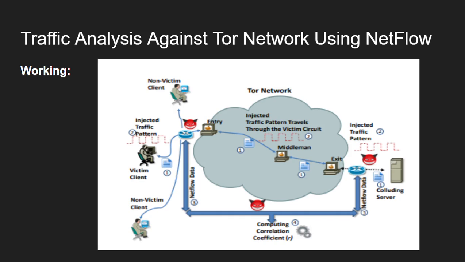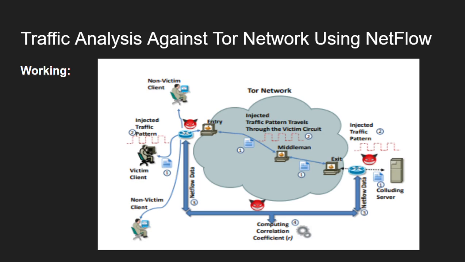So during the downloading of the file, there will be some time taken for the download, and in this time a considerably large traffic pattern will be generated that can be compared, and we can find the possible source. As the download of the file continues, the server will keep on injecting a repeated traffic pattern in the TCP connection, which is between the server and the exit node.